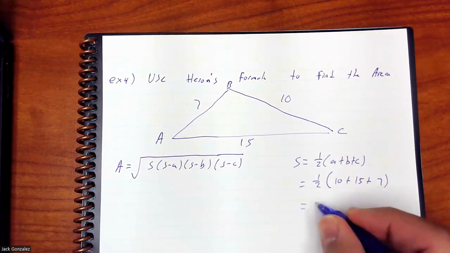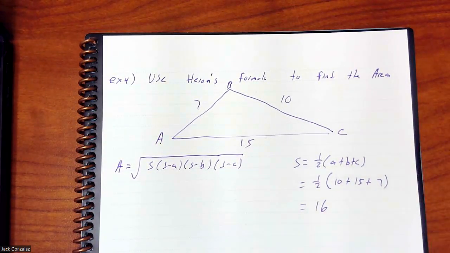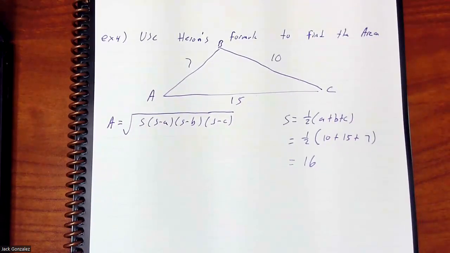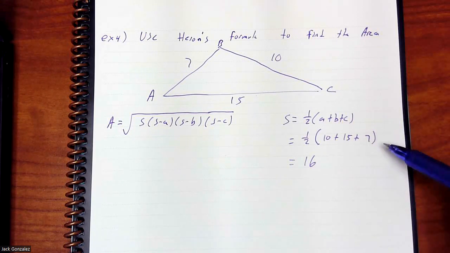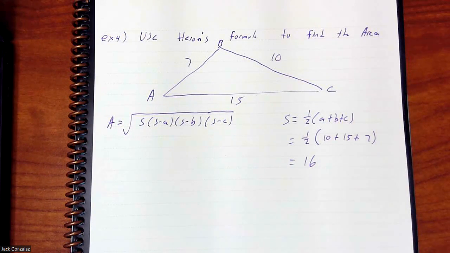So that is 32, right? 32 divided by 2. Right. Lowercase letters are what for the sides? Lowercase will always be sides.